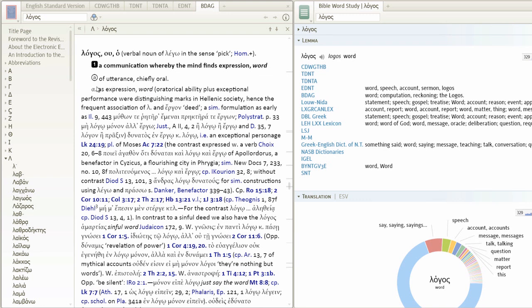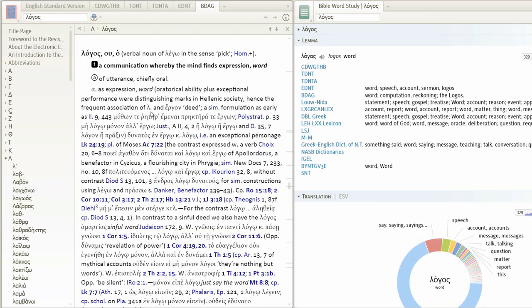And underneath this, we have another subsection as an expression. And here we have a little cultural information as to the classification of this use. Oratorical ability plus exceptional performance were distinguishing marks in Hellenic society, hence the frequent association with, and this abbreviation here, this Greek letter lambda, refers back to the lemma form here, logos, frequent association of logos and ergon, which is translated frequently deed.